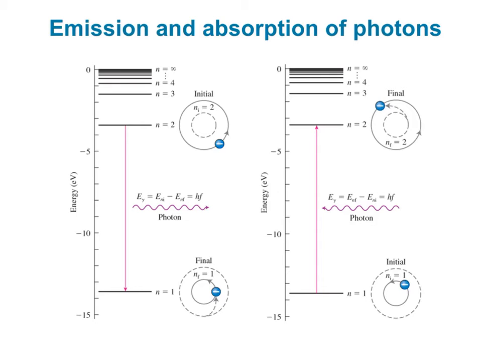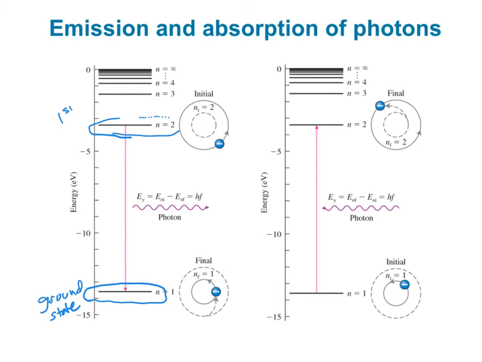So this is a hydrogen atom or a hydrogen-like ion with a single electron and a single proton. So here's the ground state, we'll call this. That's the least excited state, and it's closest to the nucleus. Then the next shell up is way up here, and this is the first excited state.